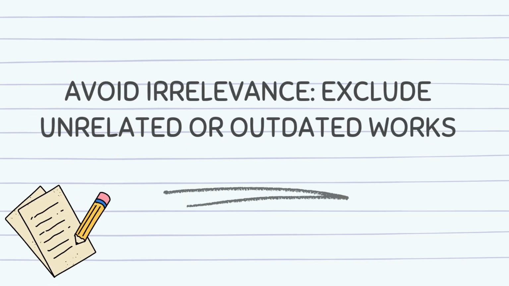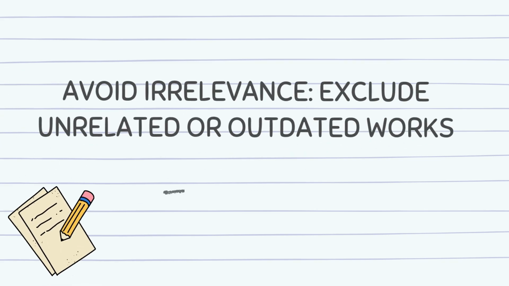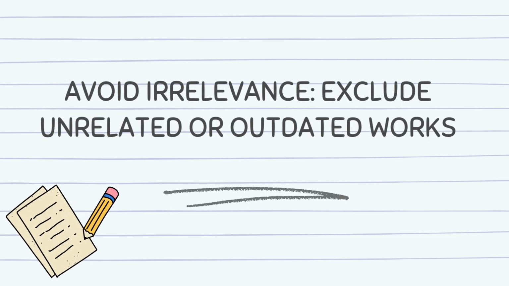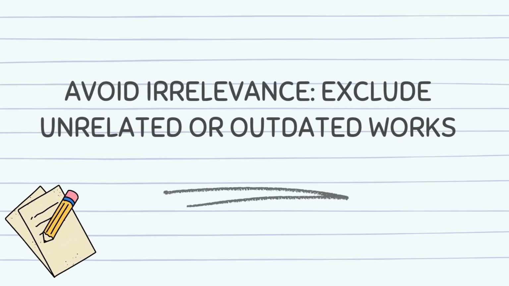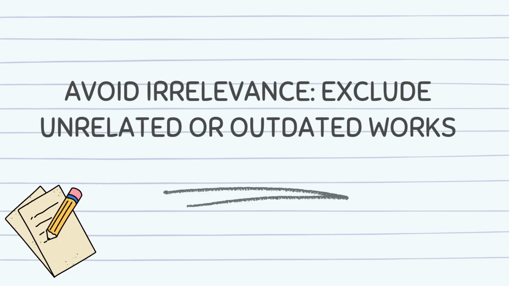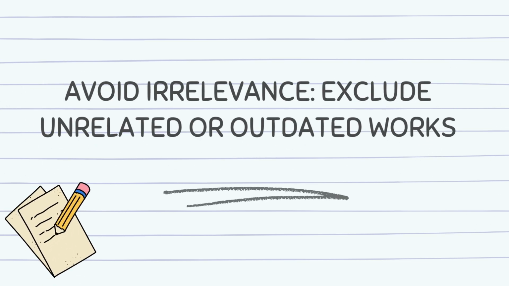To ensure quality, researchers should prioritize sources from respected journals, university publications, and official reports while avoiding non-academic or biased sources. 3. Using database filters and advanced search techniques. Efficient literature searches can prevent accidental inclusion of irrelevant works. Researchers should use Boolean operators AND, OR, NOT to refine search results. Set filters for recent publications, last 5 to 10 years, in databases like Google Scholar, Scopus, and PubMed.